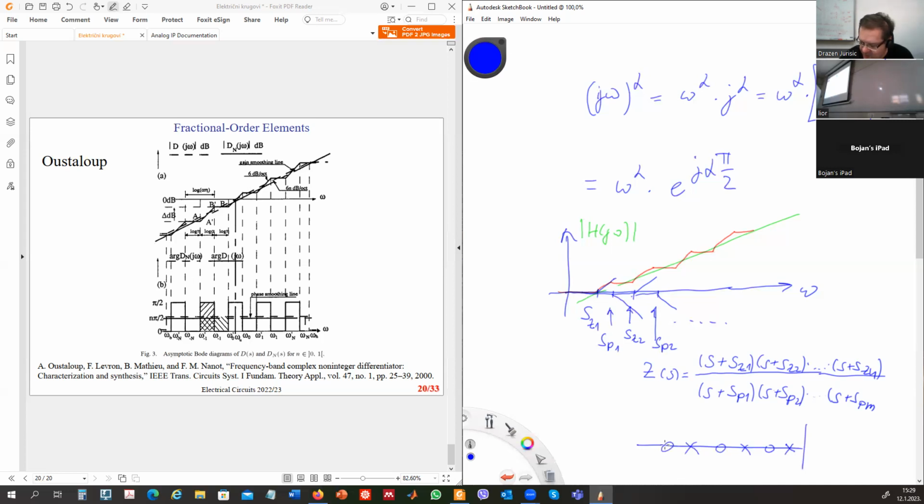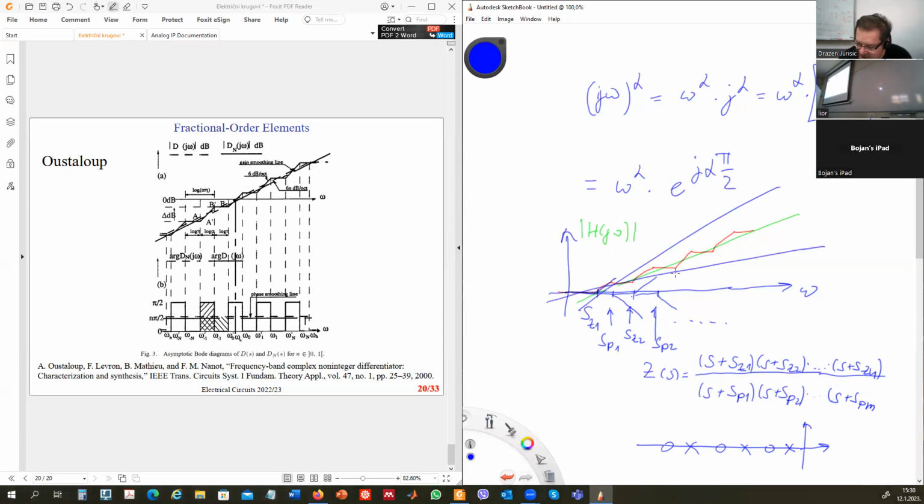And now, of course, depending on how you put all these poles and zeros which are in this impedance, you will have a different angle here. Here you will have something like this or something like that or whatever.